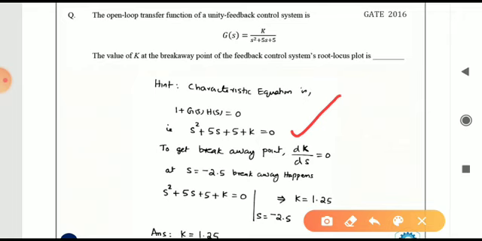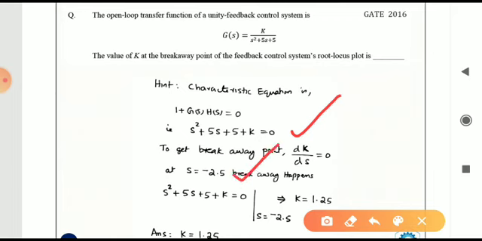To get to the breakaway point, we need to find dK/ds = 0. From the expression, we have K = -s² - 5s - 5. Now by taking the differential, we can solve that the breakaway happens at s = -2.5.